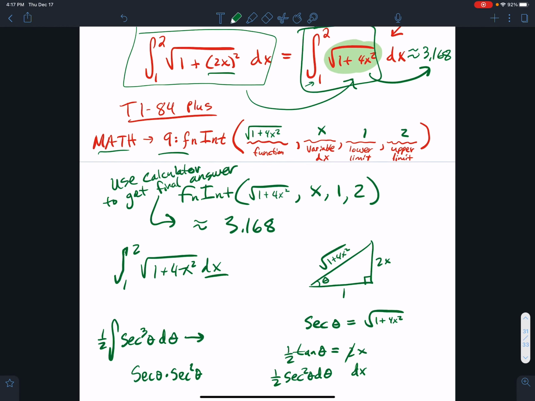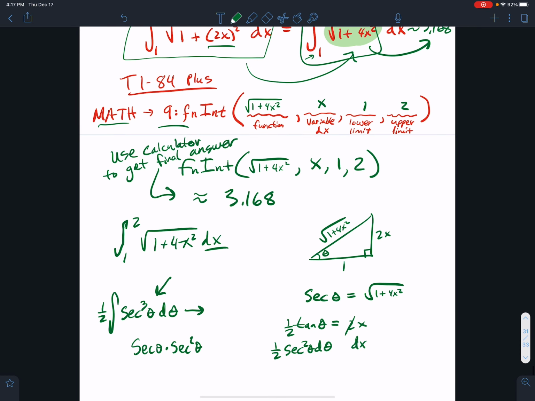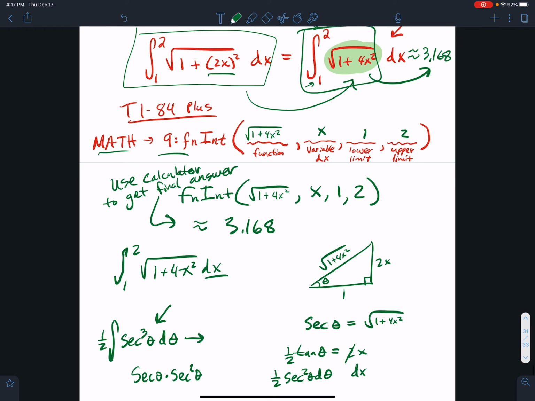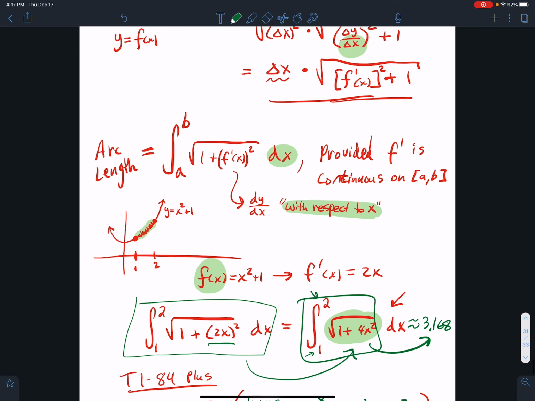If I don't tell you what to do and I just say solve it, then I am asking you to integrate secant cubed, which I'm not, that's a tough one. I think I did a video where you integrate secant cubed, okay? So hopefully this helps you understand the formula.